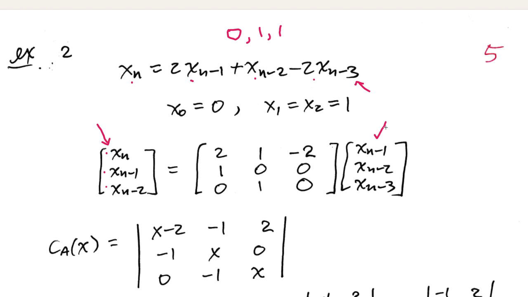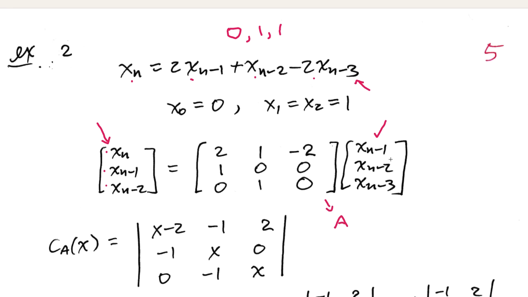And then you've got this relationship between those two vectors. This vector is this 3 by 3 matrix, which I will designate once again as A, times the vector associated with n minus 1.